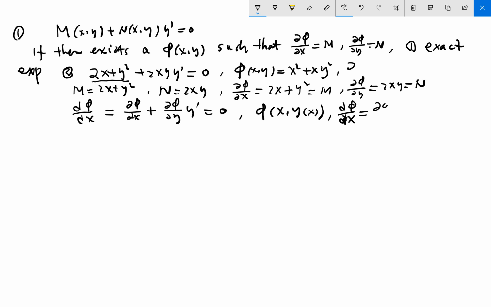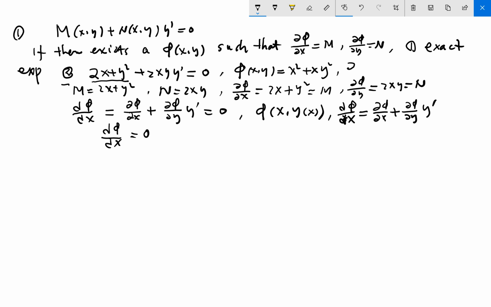So you take the derivative of the first variable with respect to x, which gives you 1, then take the derivative of the second variable, y, which again gives you y prime. Therefore, if this equation is exact, then equation 2 really can be written like this: d phi dx equals 0.